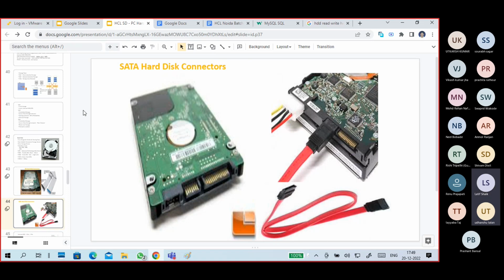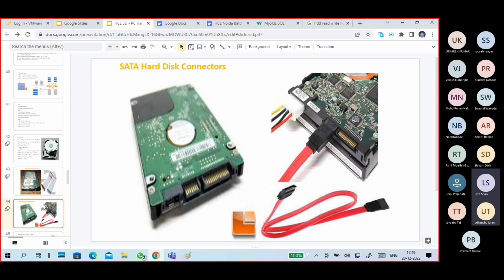This is a SATA interface. In this SATA interface, the red cable is the data cable. It is a 7-pin serial cable. One cable, one disk only. One end goes to the motherboard, the other end goes to the hard disk. Next to it you can see the power cable connector from the SMPS.